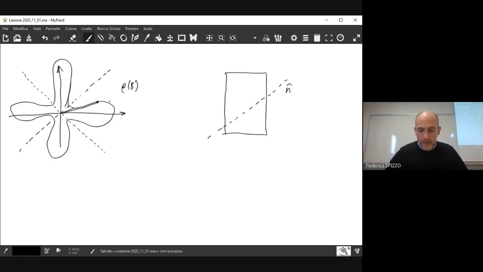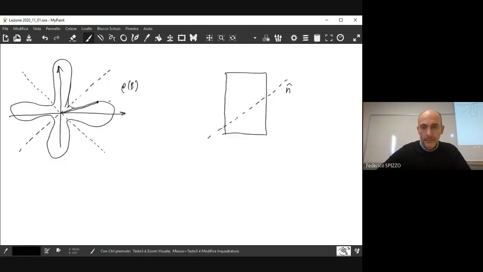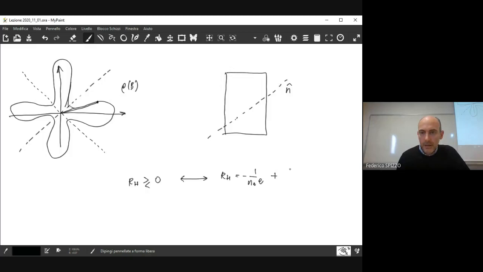Okay, so we may conclude this part by saying that the fact that the Hall coefficient could change sign, so was found to be larger and smaller than 0 in the lab, can now be justified by the fact that in the evaluation of the Hall coefficient, we may in principle include both the contribution of electrons and the contribution of holes.